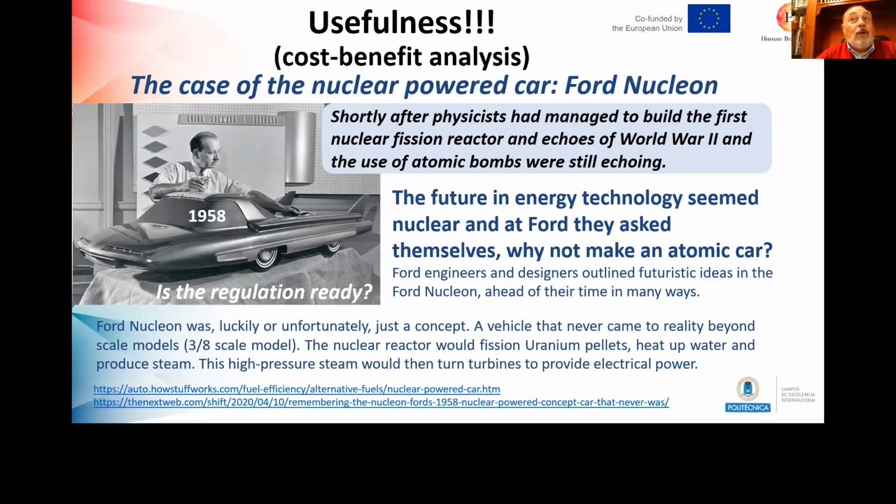The problem is that the regulation was not ready for that. You were using nuclear power; you need uranium to power the engine, and you cannot imagine having uranium at home and going with a ball of uranium to your car.